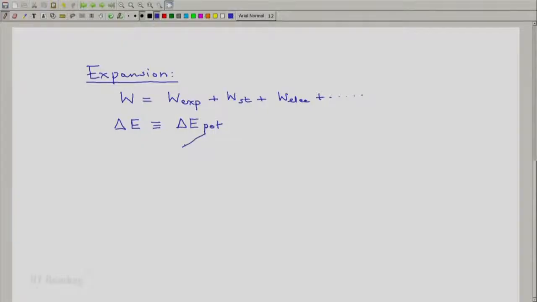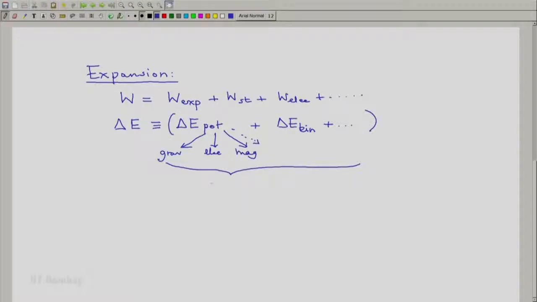Again, this potential energy could be change in potential energy due to gravity, change in potential energy due to change in electric field, change in potential energy due to magnetic field, plus what have you, plus change in the kinetic energy, plus there could be other components defined by other branches of physics.